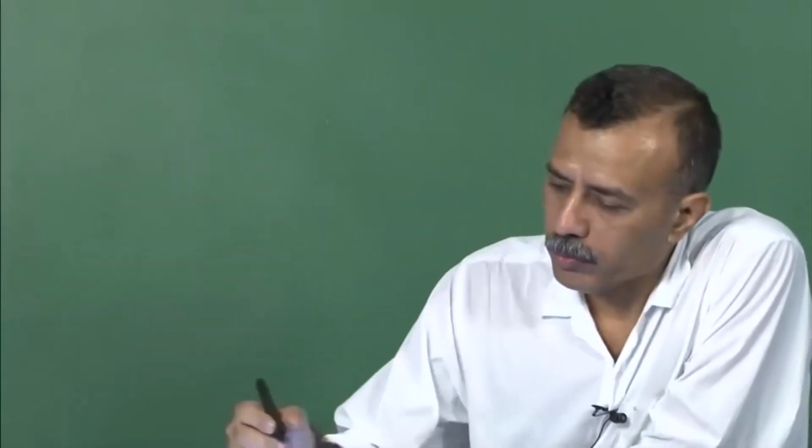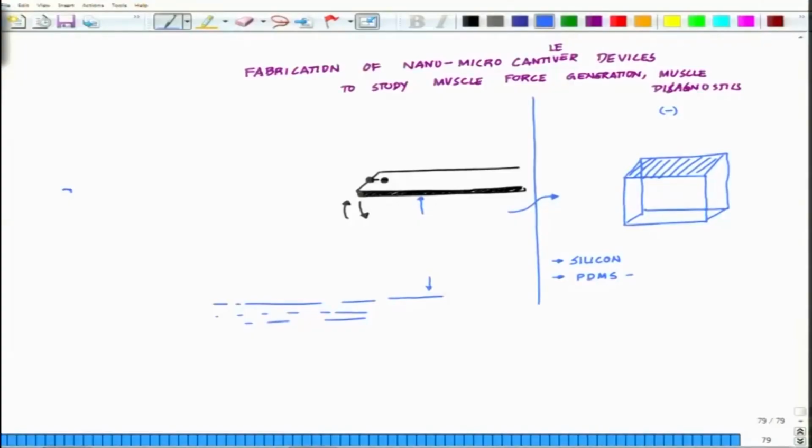Suppose I have a mask like this, an array of cantilevers like this. Now I am shading the parts which are solid and the ones which are not solid.